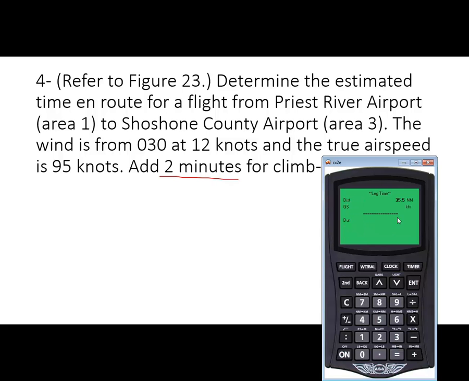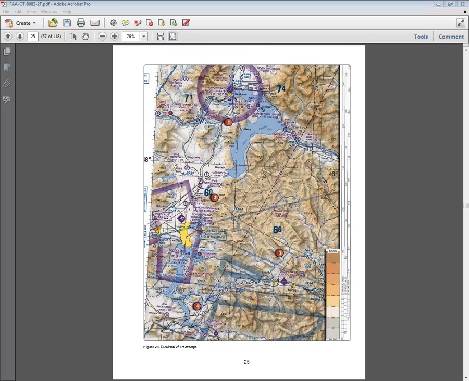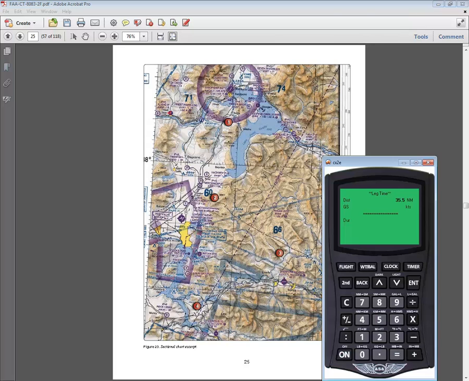So the leg menu says, what's the distance? And we measure that again with our plotter on that figure. And measuring the distance from Priest River to Shoshone County, you come up with 45 knots. So it's a distance of 45 knots, and we just calculated we're traveling at 99.2, so it means it's going to take 27 minutes to get there.